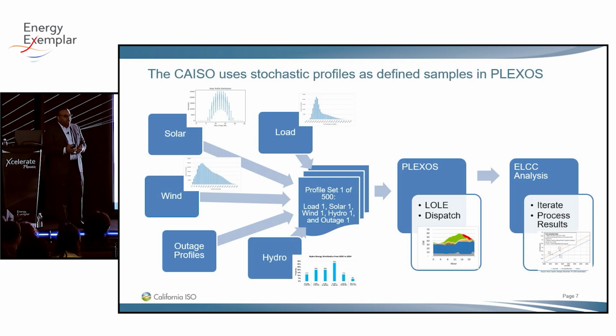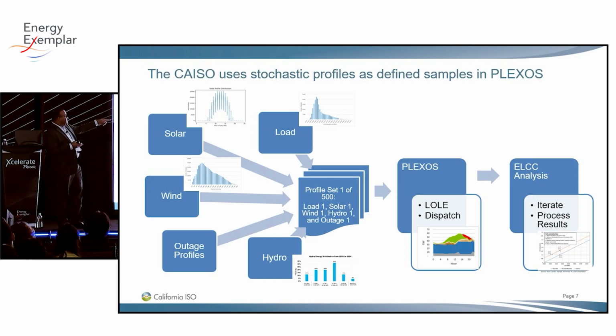Each profile is random. So you get all of this solar, wind, and load. You have a set of outage profiles based on history. You have your hydro conditions. Also, in each of the 500 cases, the distribution of hydro representation reflects the historical variability that we've seen over the last 25 years.